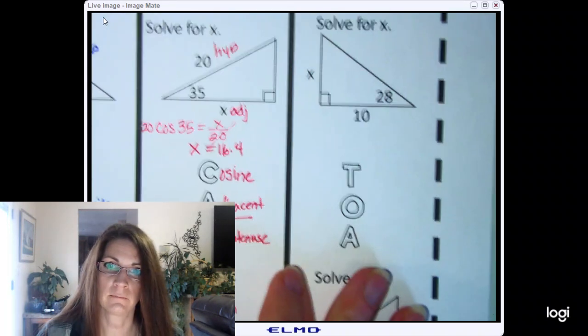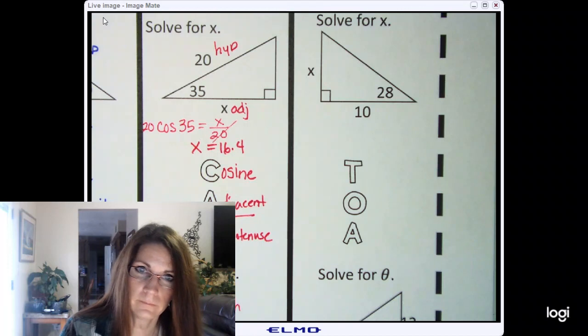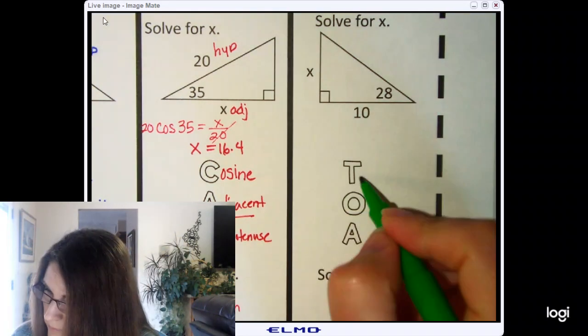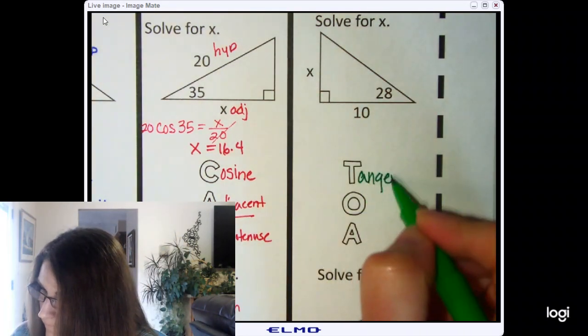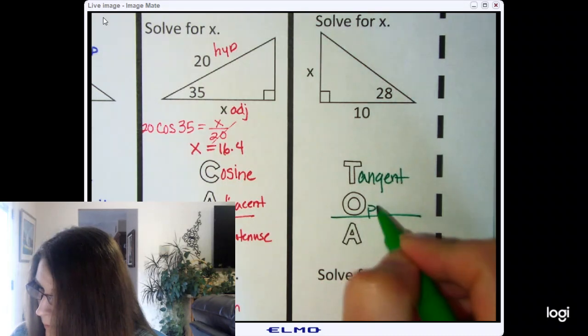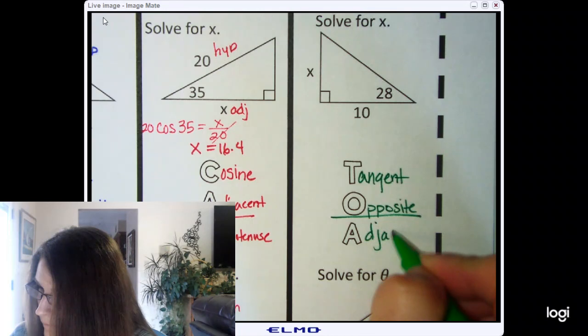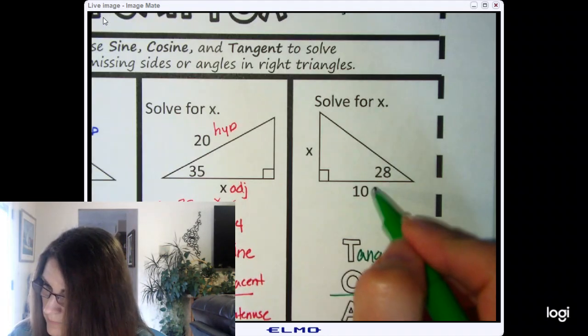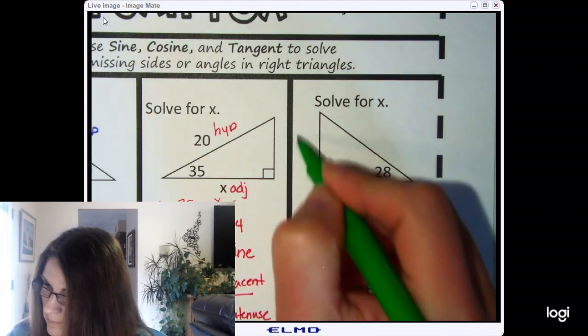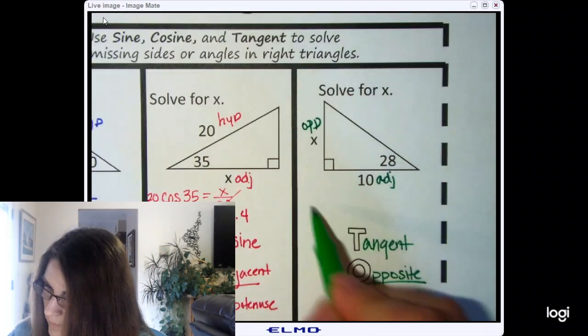Moving on to tangent. Tangent is opposite over adjacent. Okay, here's the adjacent side, here's the opposite side.